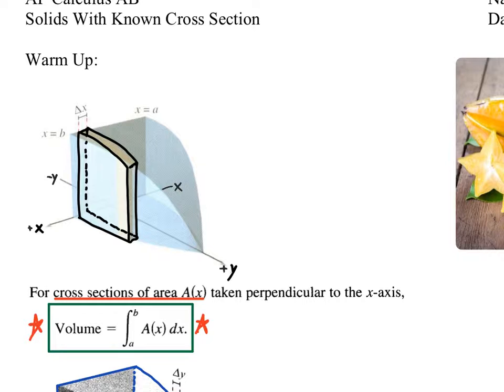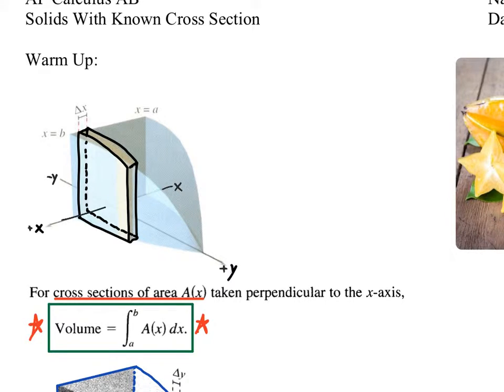But here what we have is a cross-section, in this case, that's perpendicular to the x-axis, okay? Notice here's our x-axis going through this way. We've done our cross-section perpendicular to that.